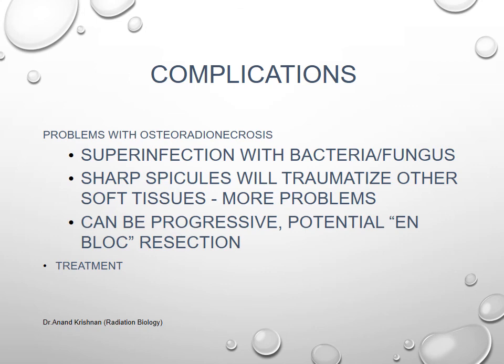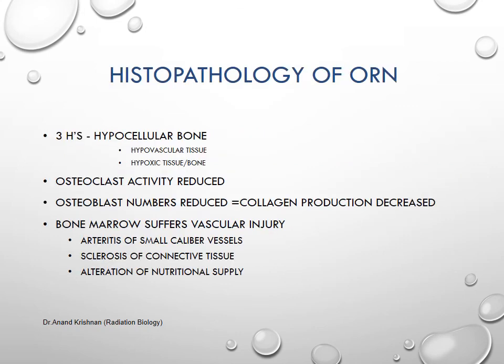Osteoradionecrosis can be progressive, which might lead to a potential en bloc resection, that is, part or complete mandible or maxillectomy. Treatment: because of the hypocellular bone, one popular treatment given for osteoradionecrosis is hyperbaric oxygen therapy.